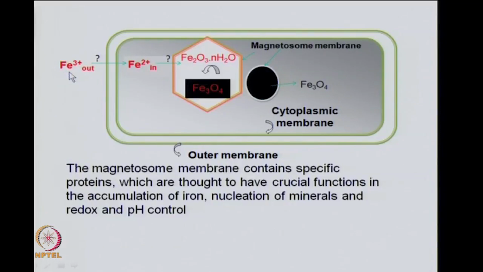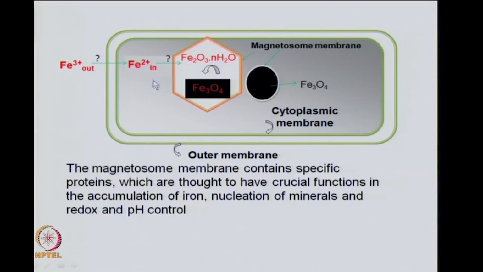Here we show how this Fe3O4 forms inside the cell. What is known today is that Fe3+ ions from outside the cell, in the solution outside, can come in through the cell membrane and form Fe2+, but the exact mechanism of how Fe3+ comes within the cell wall is not known.